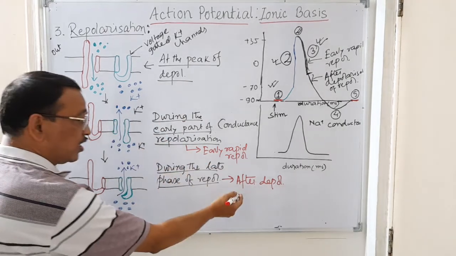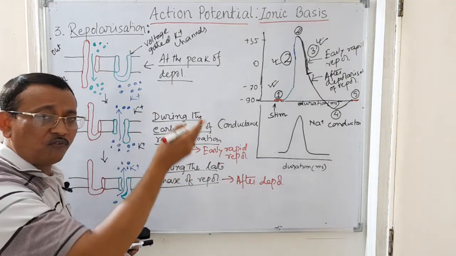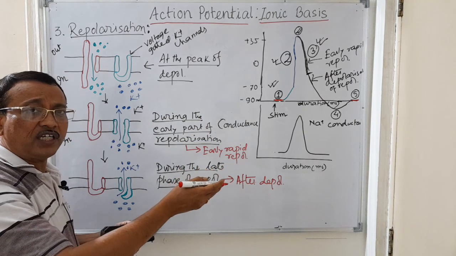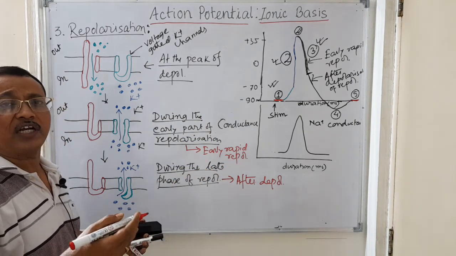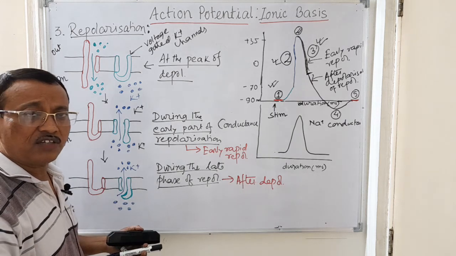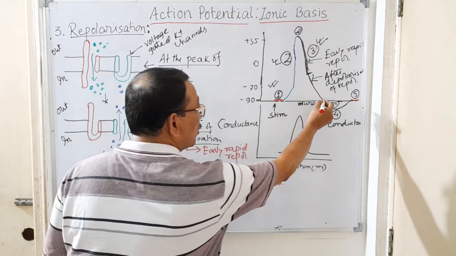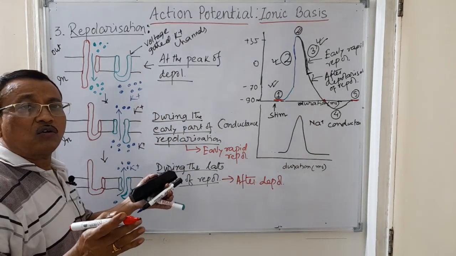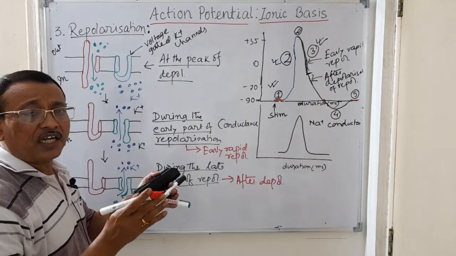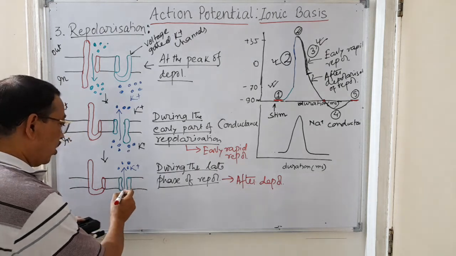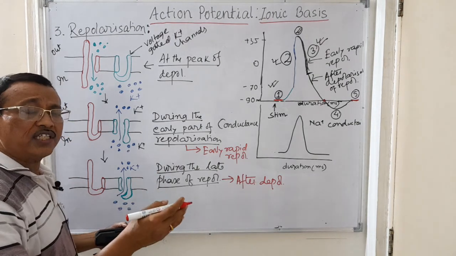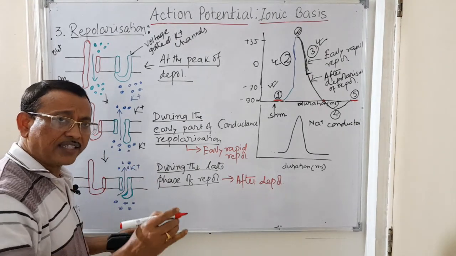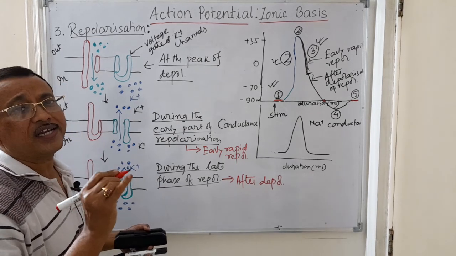The after depolarization is because of the slower fall of the electropositivity and slower reappearance of the electronegativity towards the resting value, that is minus 90 millivolt, due to the starting of the closure of the voltage gated potassium channels through which potassium exit takes place, but at a slower rate.